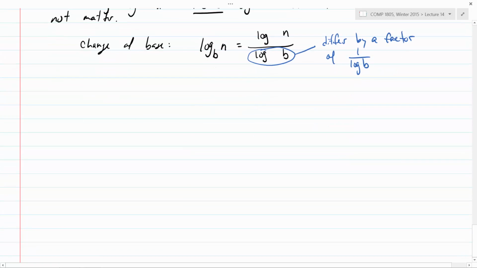All right. So earlier in the lecture, someone asked for a sort of common hierarchy of these things, so I'll give that now.